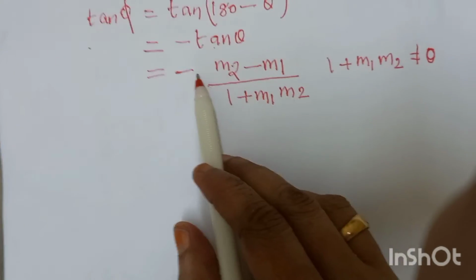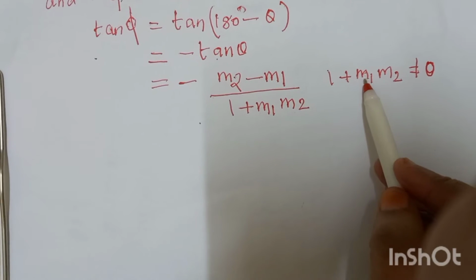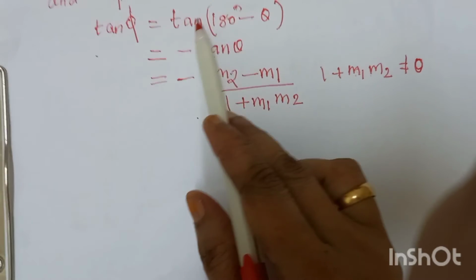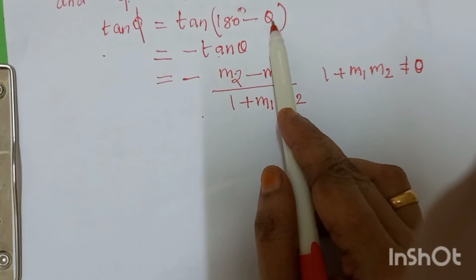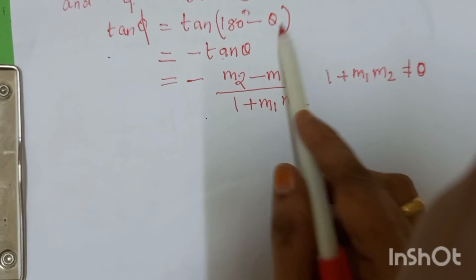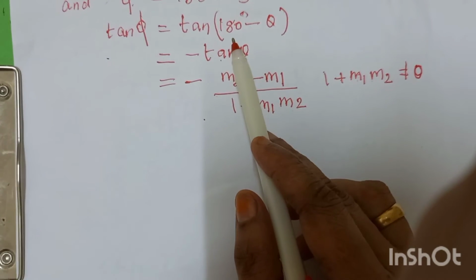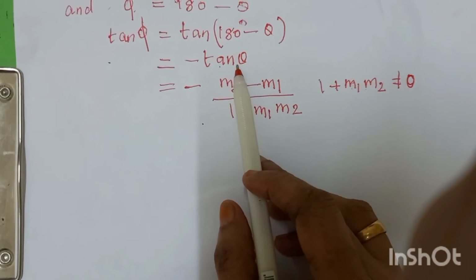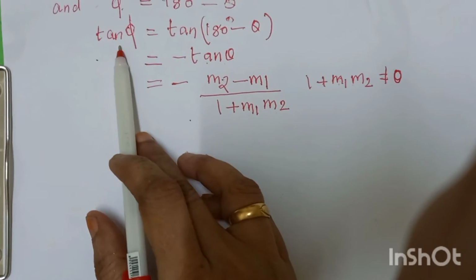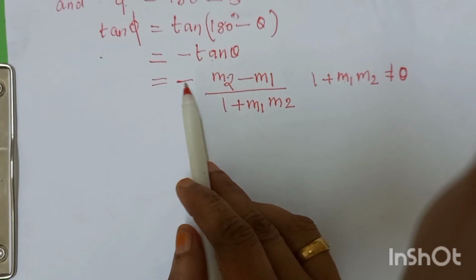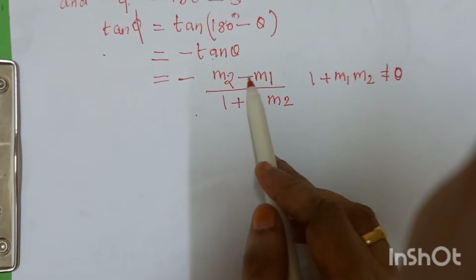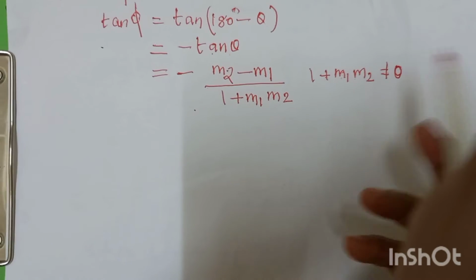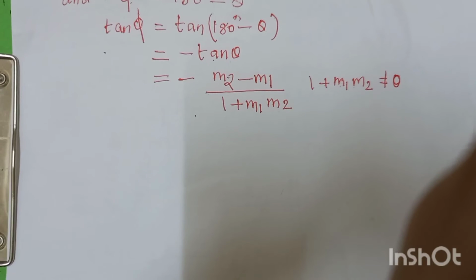Tan of 180 degrees minus theta: in the second quadrant, tan is negative, so we write minus tan theta. So what about tan phi? Tan phi is equal to minus (m2 minus m1) divided by 1 plus m1 m2. Is it clear for you?